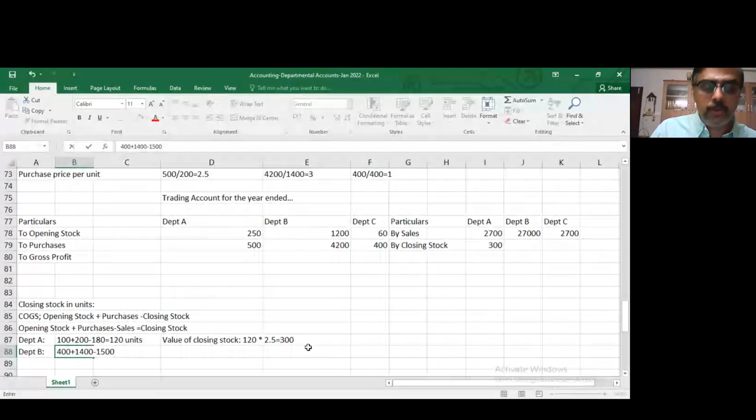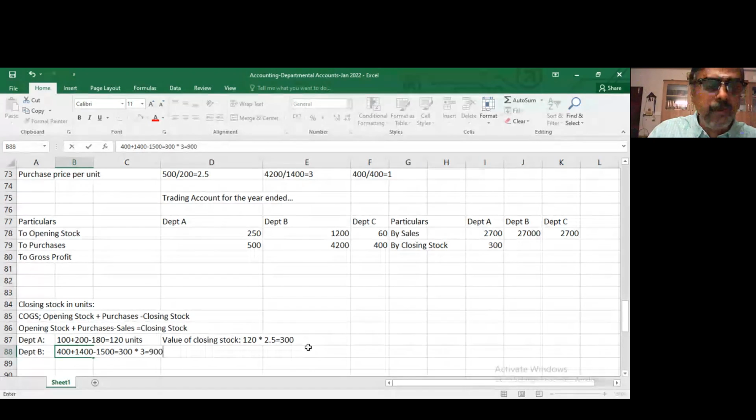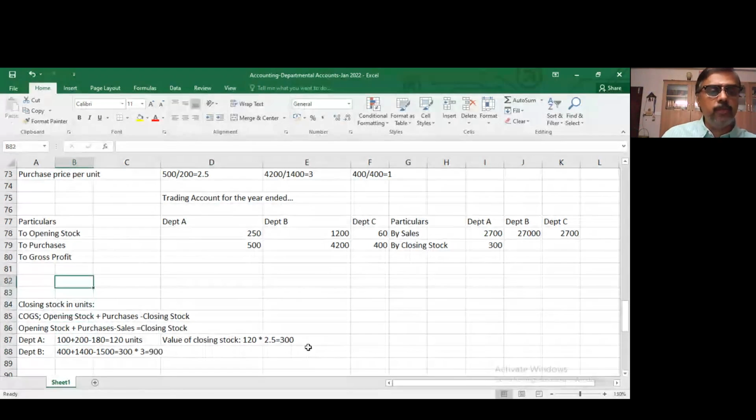Very good. So you'll get units, 400 plus 1,400 minus 1,500. How much are you getting? 300. So 300 into purchase price per unit of 3 is 900. So closing stock value for department B is 900.